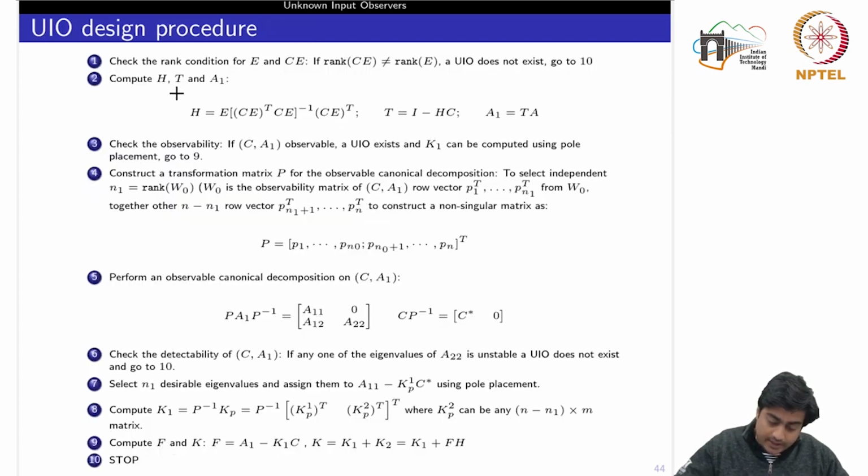So if we see the entire procedure, the first check is the rank condition, whether the rank of E is equal to the rank of C. If this condition does not hold, then the UIO does not exist, because this is a necessary and sufficient condition, and we stop. Now if this rank condition is satisfied, we can compute this H matrix, and further we can compute the two matrices T and A1.